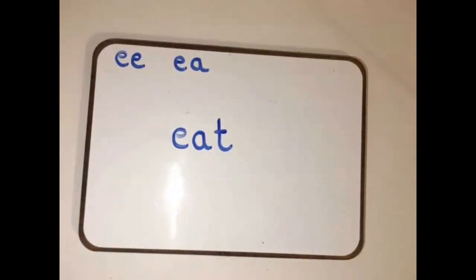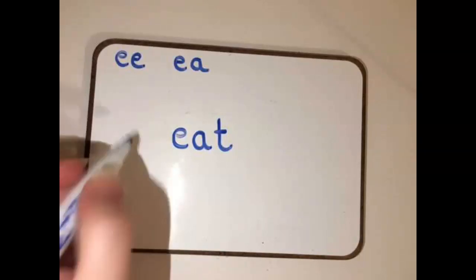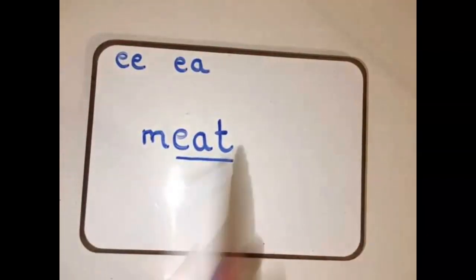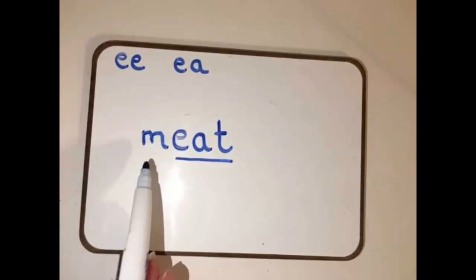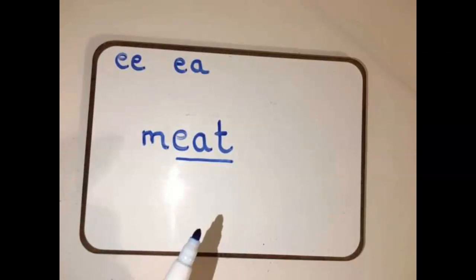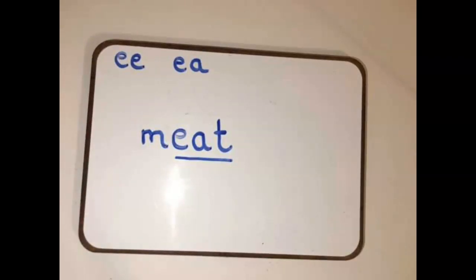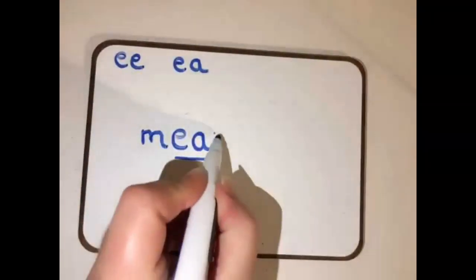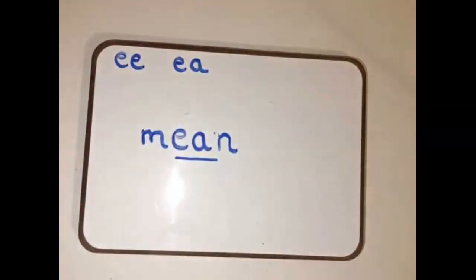Now what I want you to do is put an M at the beginning. And if we know that this part says eat, now we blend the M at the beginning. What does it say? Meat. Meat, right? All right, now let's take off the T and put an N. And what does it say now?